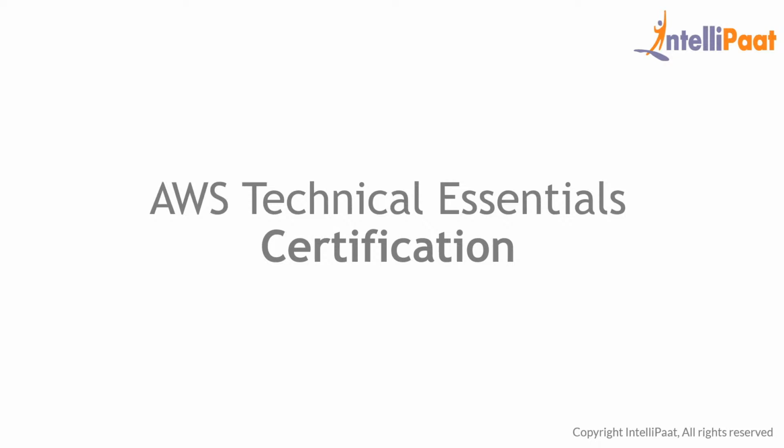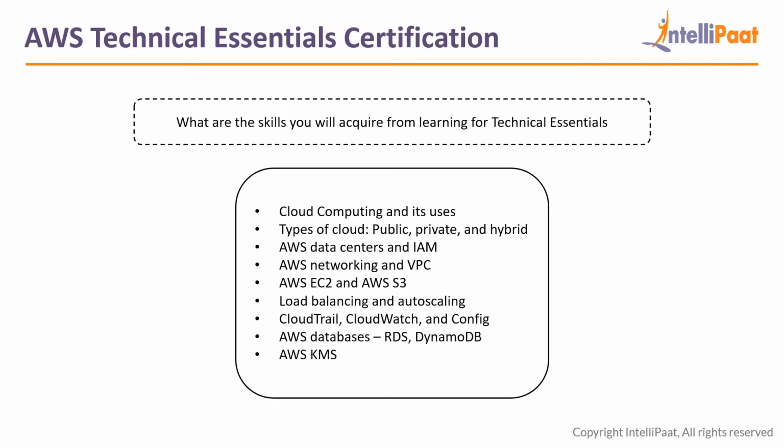So in this session, now let's look at what will be covered in the technical essentials certification. Okay, so what are the skills you will acquire from learning for technical essentials? While taking up, let's say, a certification, you would obviously have to know what you are going to learn for that particular certification.